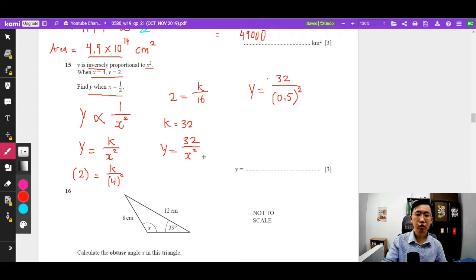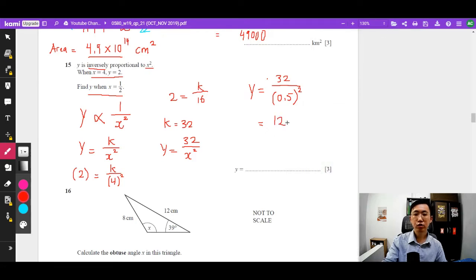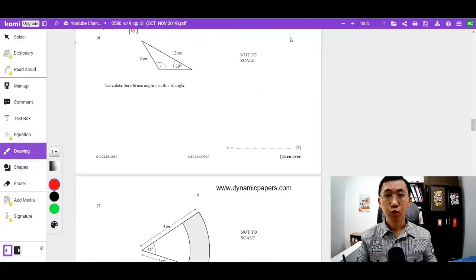So you substitute into your equation like this, and then we can use calculator. 32 divided by 0.5 square. Here I can use this button, right? Press equal, 128. So write your answer 128. So there you go. This is actually question 15.